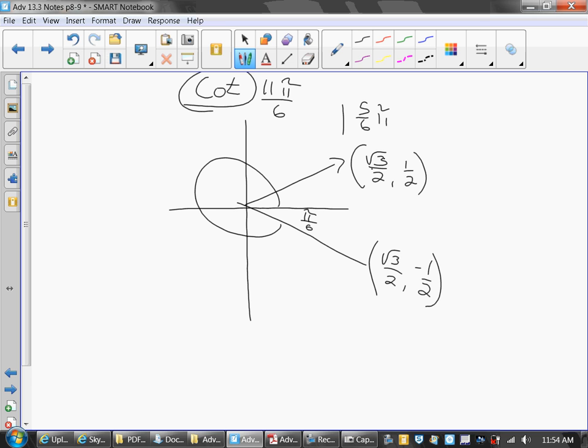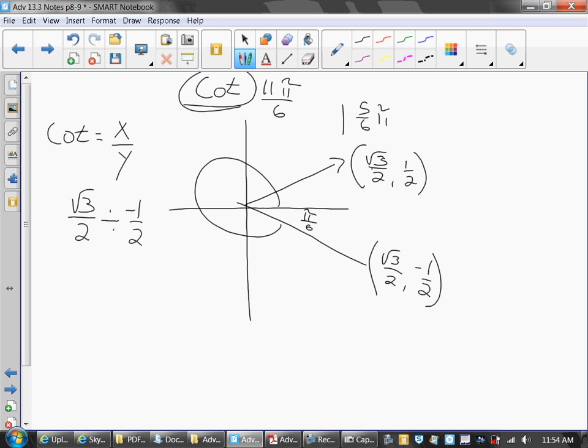It is asking for the cotangent. Cotangent is the inverse of tangent. So cotangent, this goes back to the x's and the y's, is x over y. So x over y in this case is root 3 over 2 divided by negative 1/2.